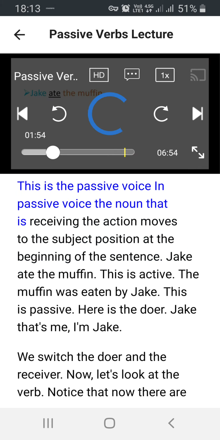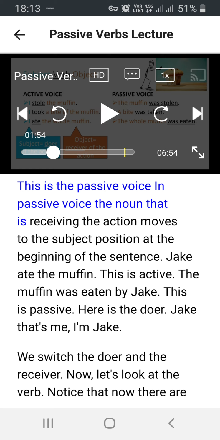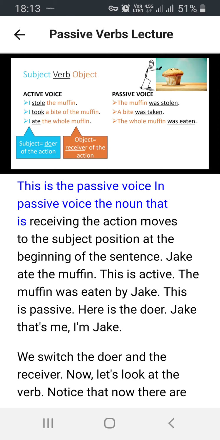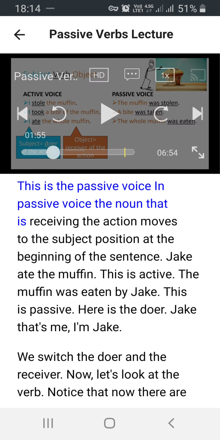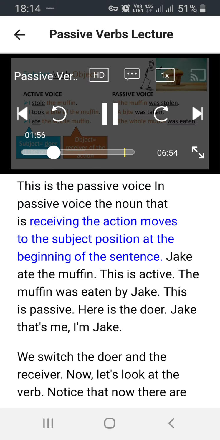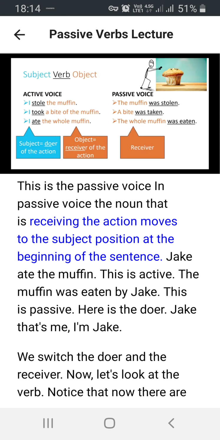Jake ate the muffin. The noun that is receiving the action moves to the subject position at the beginning of the sentence.